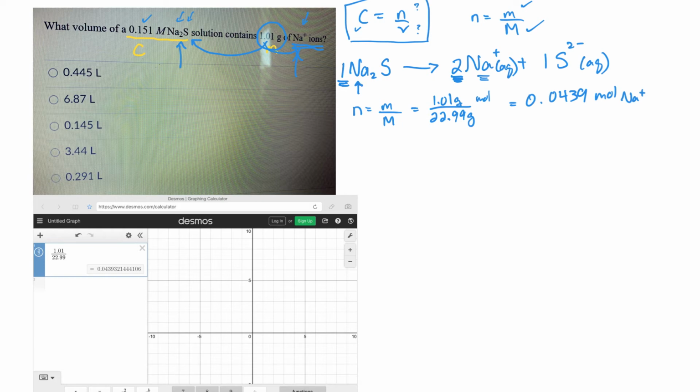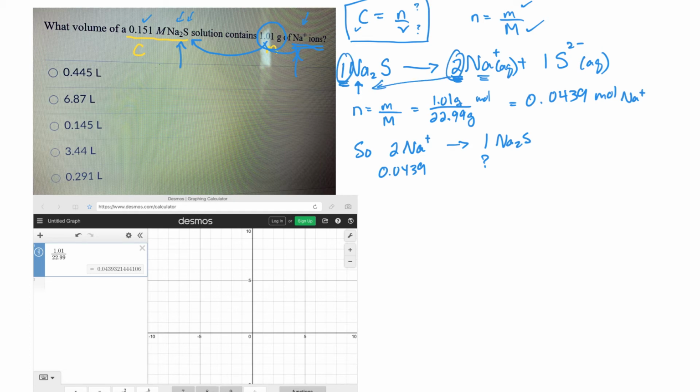I'll write that down: 2 moles of sodium ions is to 1 mole of sodium sulfide. So if I have 0.0439 moles of this, how many moles of that am I going to have? Hopefully you can see I'm just going to divide by 2. It's just going to cut in half.